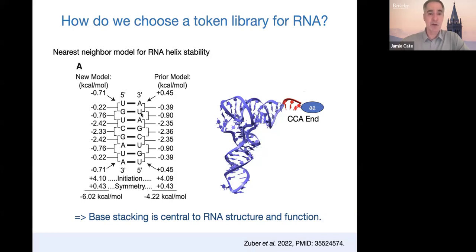So it's based on that GU pair above it and the CG base pair below it. When you think about the UA pair, you also have to think about the neighboring pairs. This is the dominant aspect of RNA folding: base stacking. If you don't understand base stacking interactions, you cannot predict RNA structure and function.